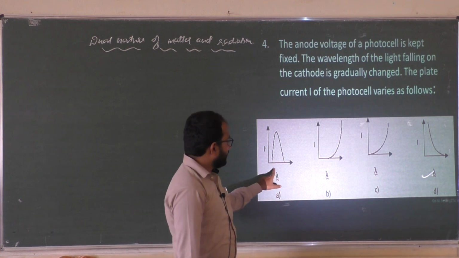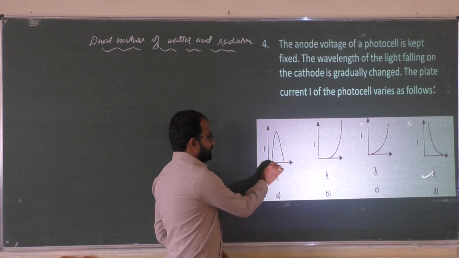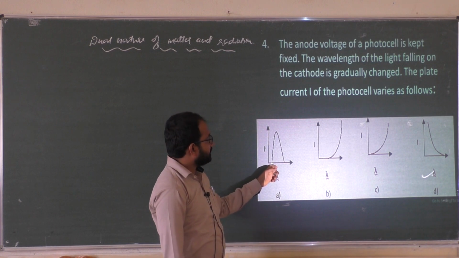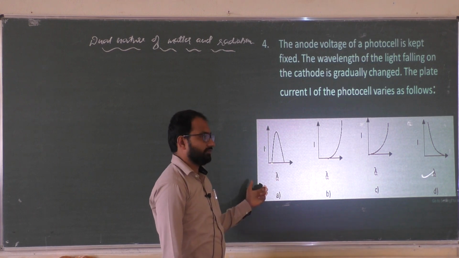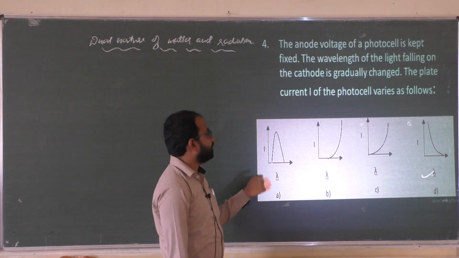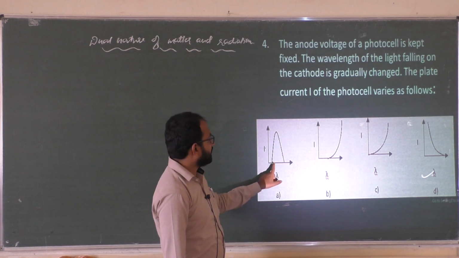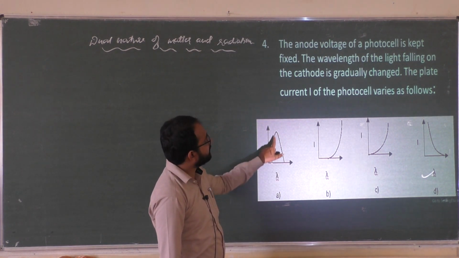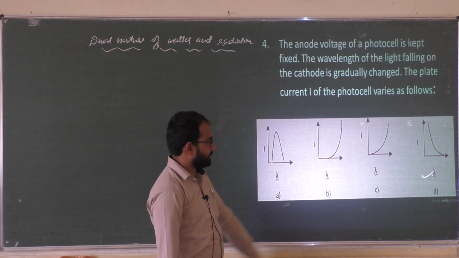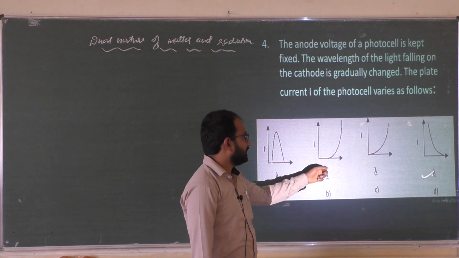If I consider this point as the threshold wavelength, threshold wavelength is the wavelength above which photoelectric emission does not take place. Here current is increasing continuously, reaches the maximum value and then decreases, which is not possible. So what about this graph?